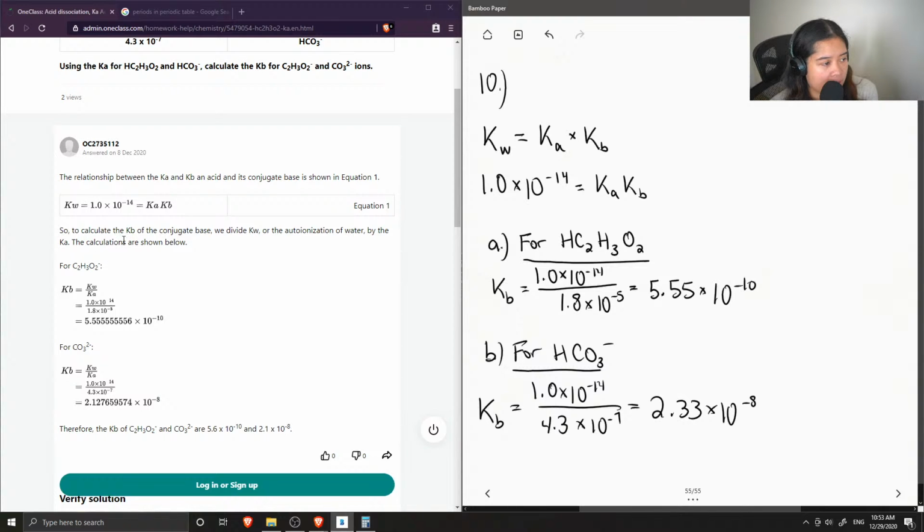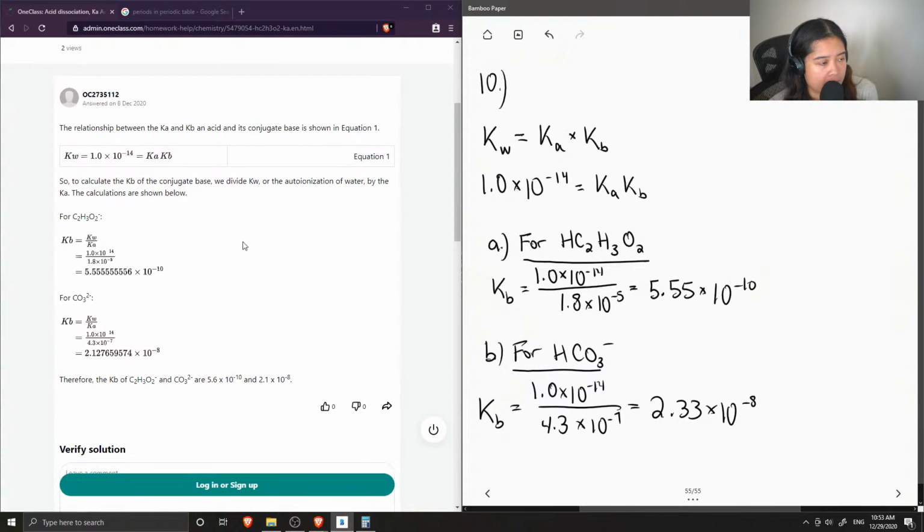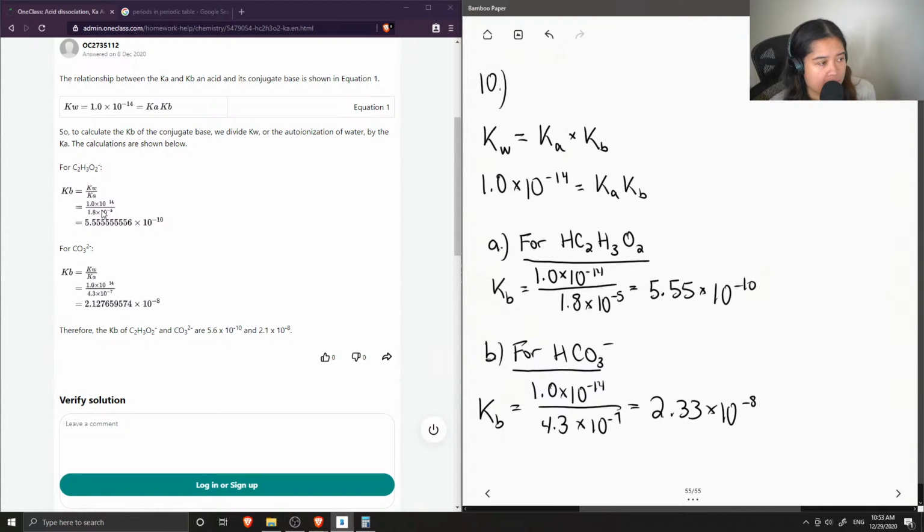So to calculate the Kb of the conjugate base, we divide Kw, or the auto-ionization of water, by the Ka. Calculations are shown below. So they showed 1 times 10 to the negative 14 over 1.8 times 10 to the negative 5 gives 5.55 times 10 to the negative 10.